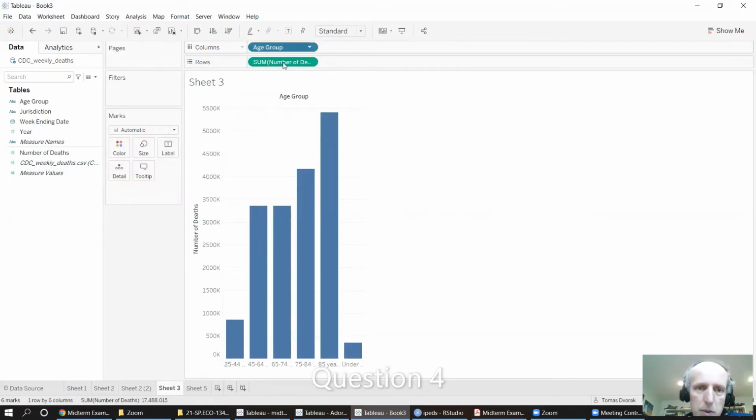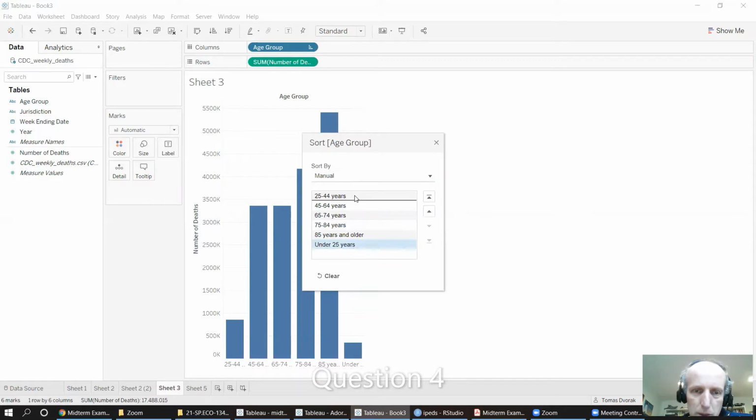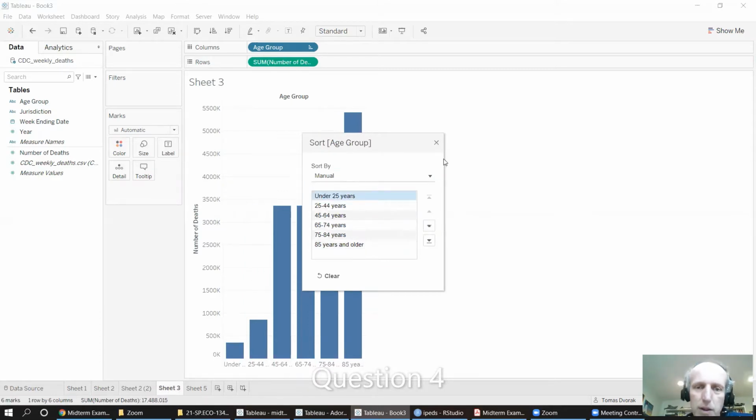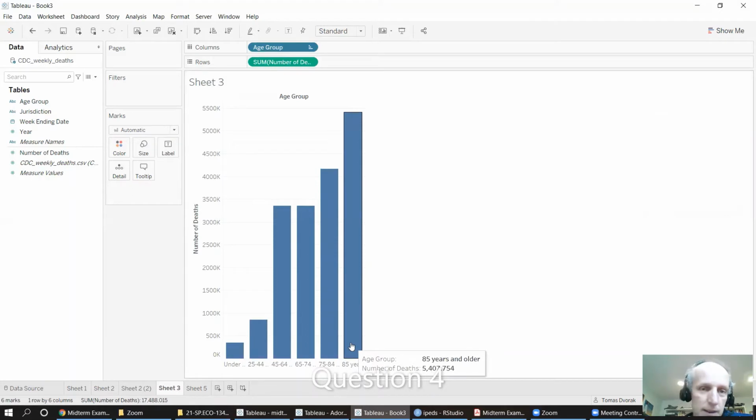I want to sort it so that the bars are sorted by the age of each group. So I'm going to put under 25 years old right before 25 to 44-year-olds. And actually, that makes sense that the number of deaths over the course of those 5 years, well, actually 6 years, is the highest for the eldest age group, lowest for the youngest group.